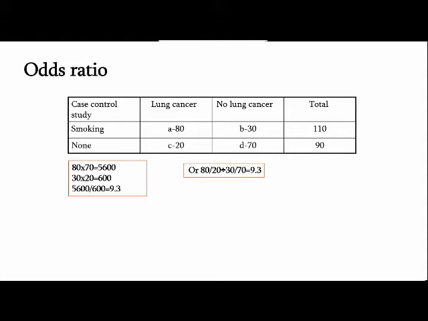Now I'll give you another example. Vinu did one study on hepaticojejunostomy, looking for gastric reflux. Where will the gastric reflux come? The presence or absence of gastric reflux is the outcome.